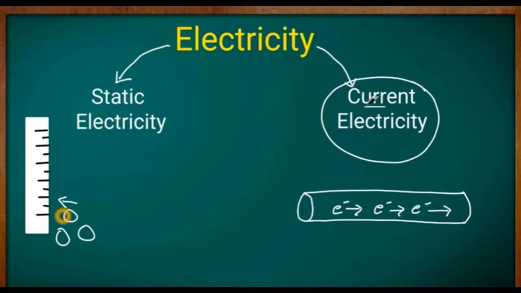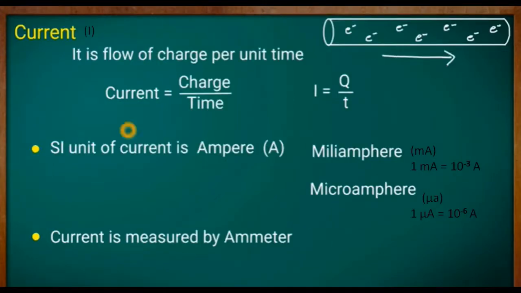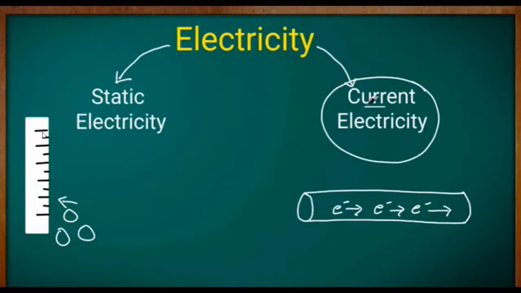They just exert a force on these tiny pieces of paper so that they are attracted, but they don't move. So that kind of electricity is nothing but static electricity. So the charge acquired by this scale is nothing but an example of static electricity, because these charges do not move.